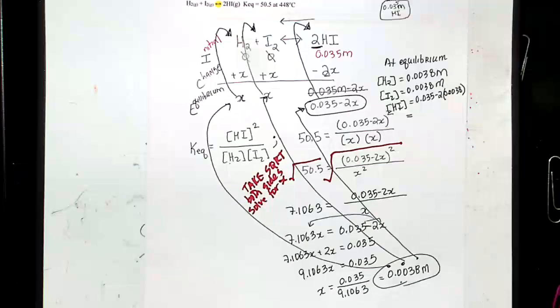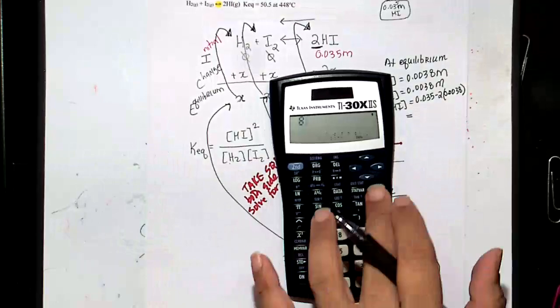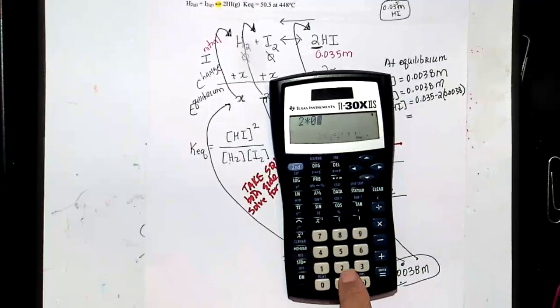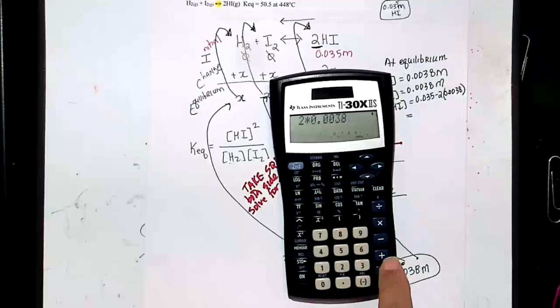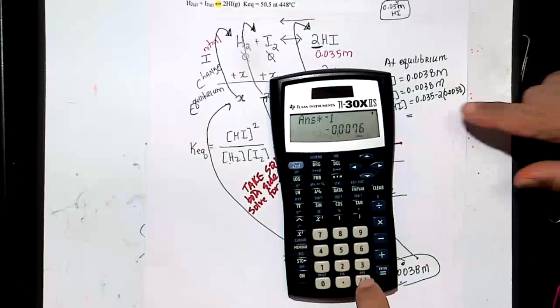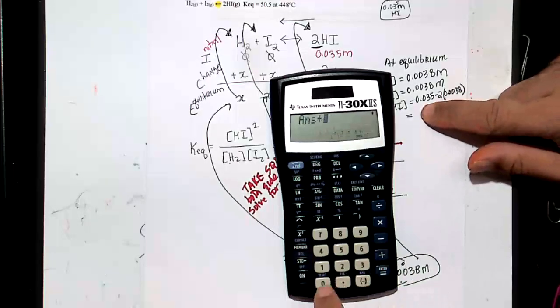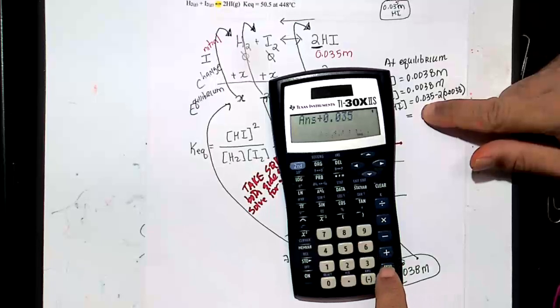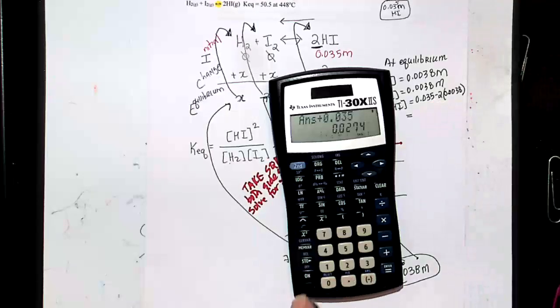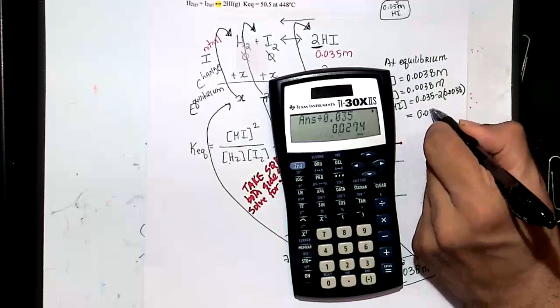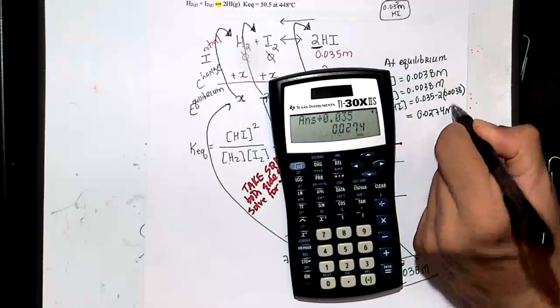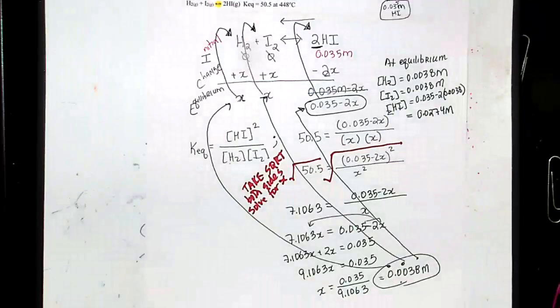Let's quickly find that out in our calculator. So minus, and then plus 0.035, 0.0274 molar. So this is our final answer.